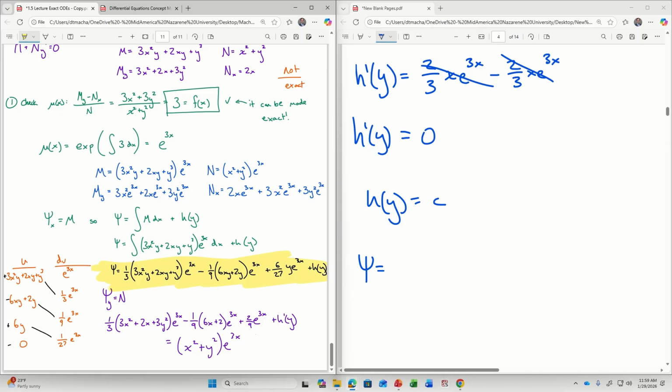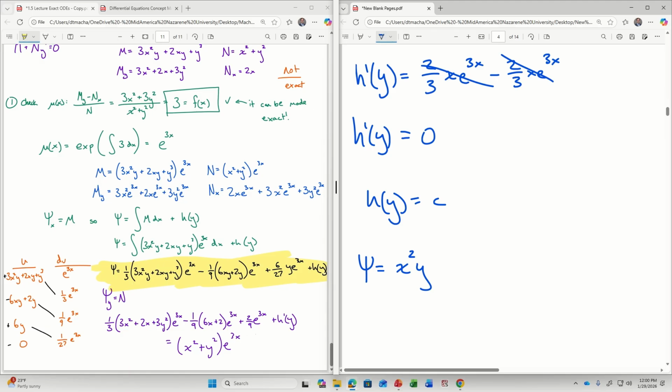And so whenever I go to write my solution, and I set psi equal to c, I should really try to clean this up as much as possible and do whatever I can to make it look better. And so in the first place, I've got x squared y. And then for these xy terms, I think they cancel: 2/3 negative 2/3.